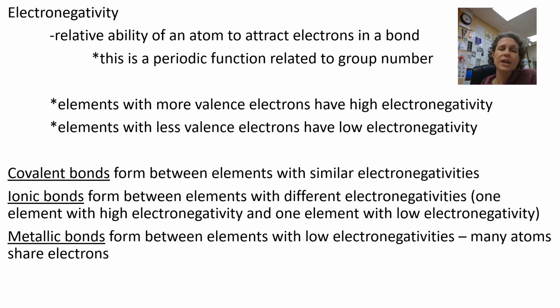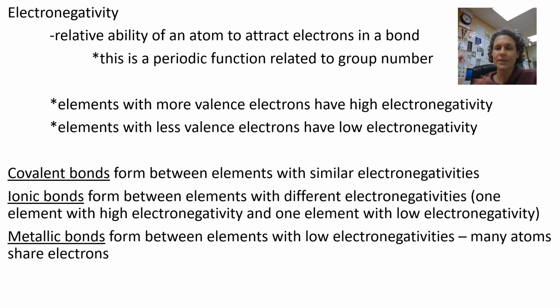With electronegativity, the trend that you see is that elements that have more valence electrons have a higher electronegativity. Those are the elements to the right side of the periodic table. When I'm talking about sides, remember that zigzag line that we put on there.